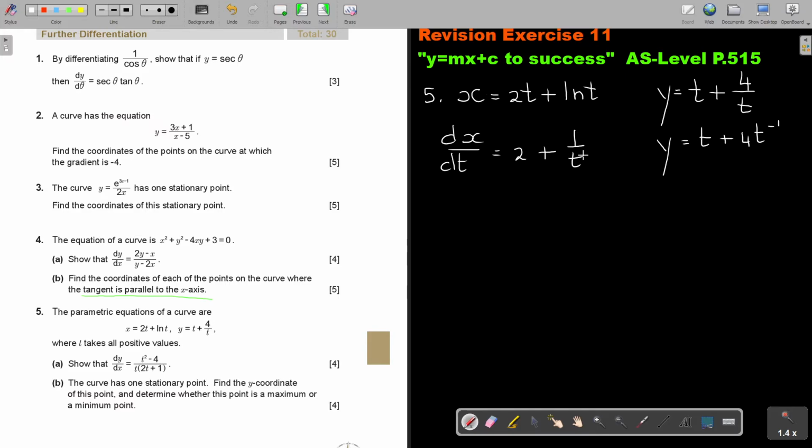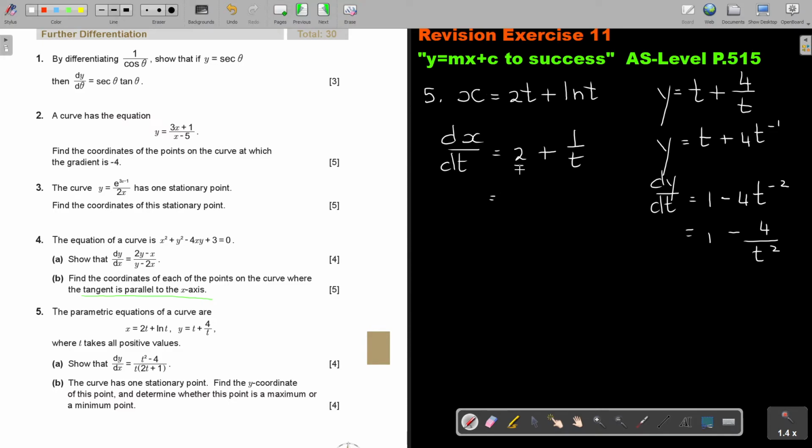This one is going to be dy over dt, and this is going to be 1, and if I multiply, negative 4 t to the power negative 2. So it's 1 minus 4 over t squared. In order to multiply it, I think it will be easier if we first make this one term.